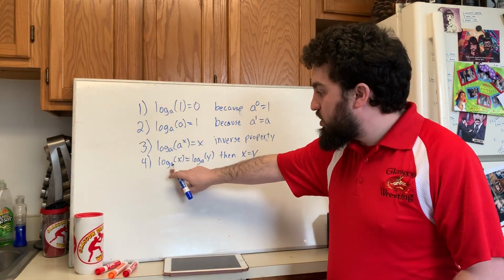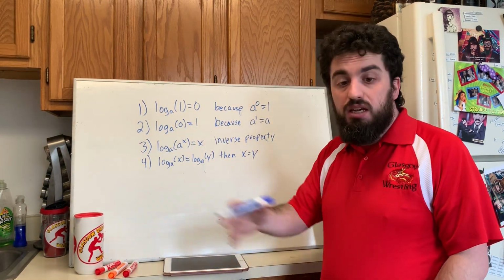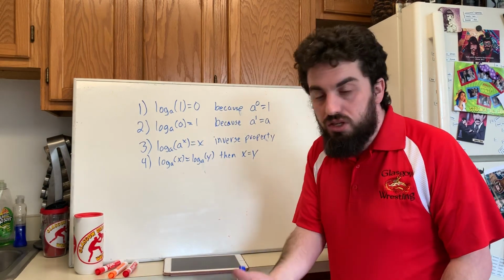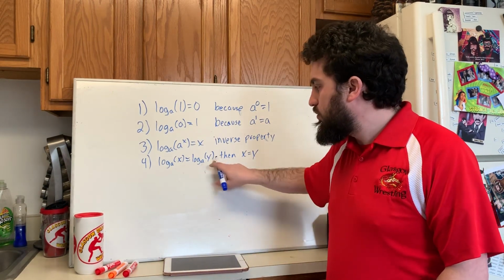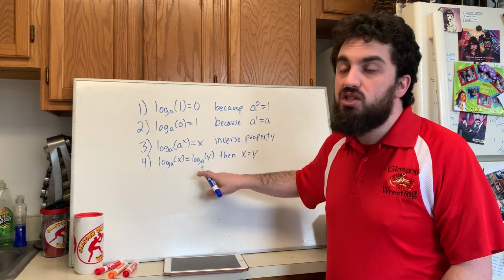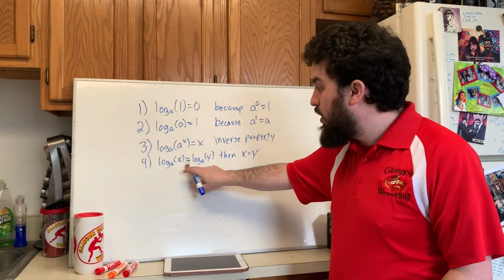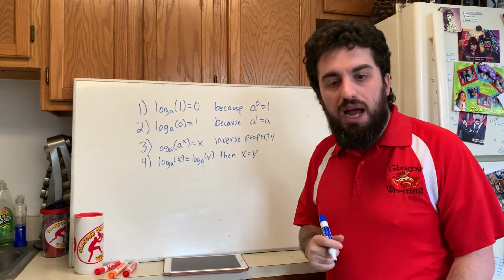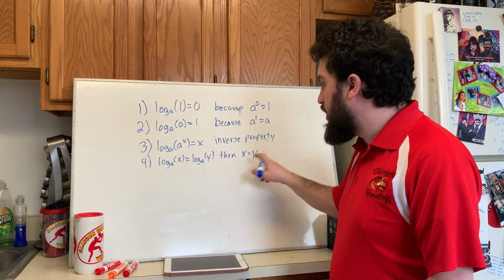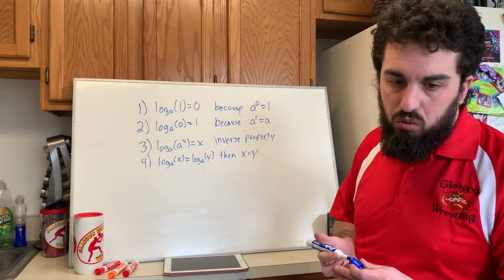So basically it's saying, if I'm taking the log of either of these numbers and I'm getting the same result, since it is a one-to-one function, these numbers do have to be the same number. So x is equal to y.